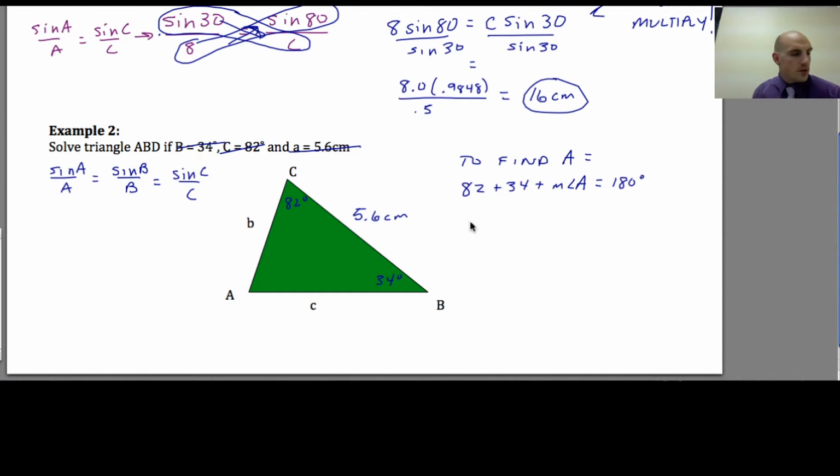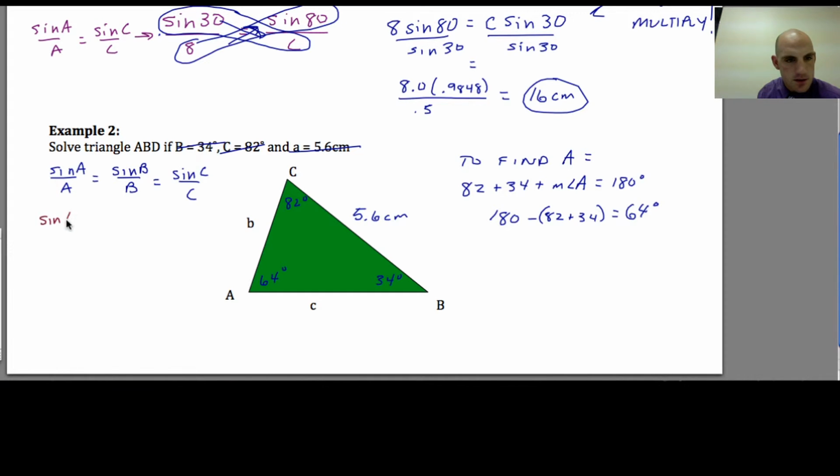So when we add all that up, we get 180 minus this sum, 82 plus 34, and that gives us 64 degrees. So this A is going to be 64 degrees. That's actually pretty good for us, because I think that's the calculation that we know how to do. Now we're going to use the law of sines. So let's fill this in.